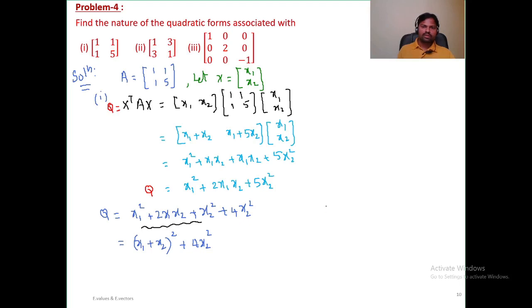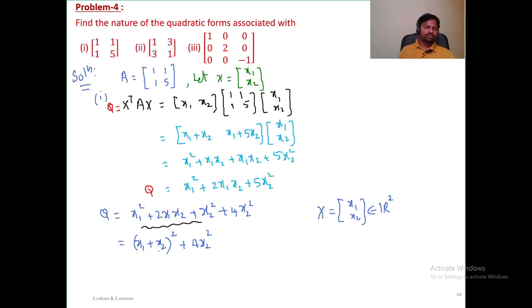Now look at 4 x2 square. Here the matrix X is the column matrix x1 x2, and this belongs to R2. x1 and x2 come from R, and this entirely belongs to R2. Now here we have to investigate whether it is more than 0, less than 0, more than or equal to 0 or less than or equal to 0.